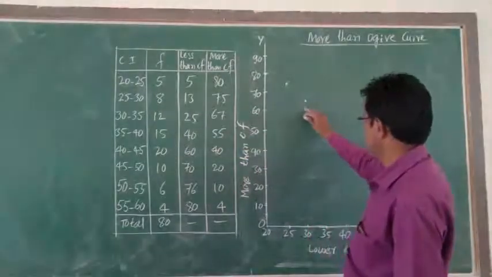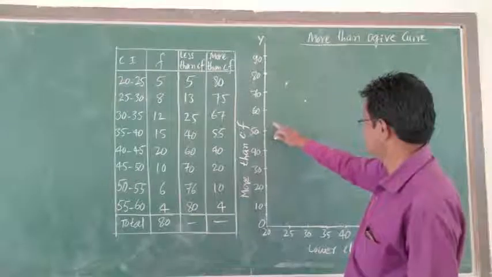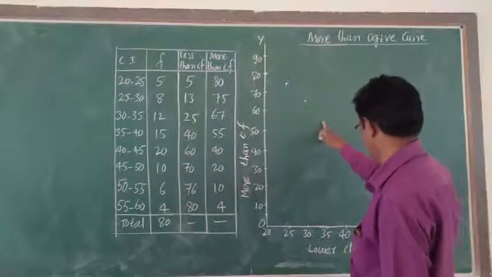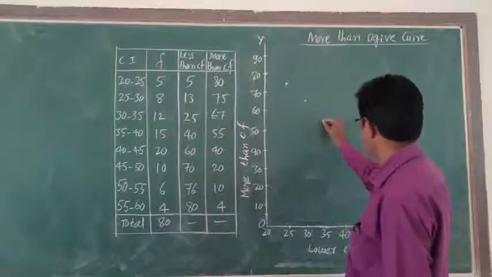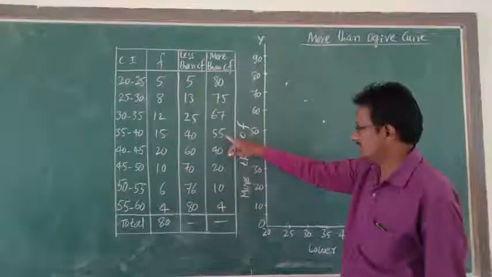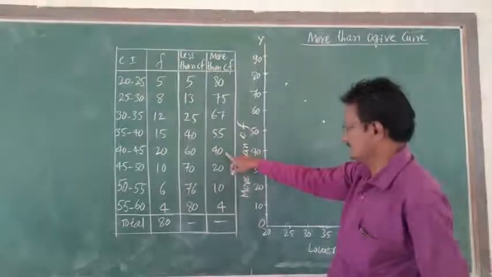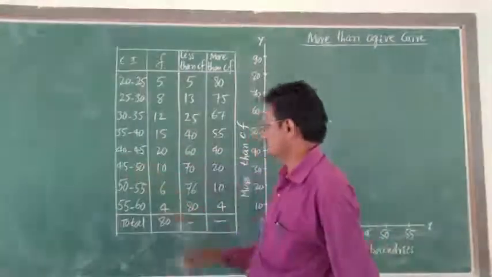Next value is 55 workers. It is for 35. Next is 40 workers. 40 workers for 40.